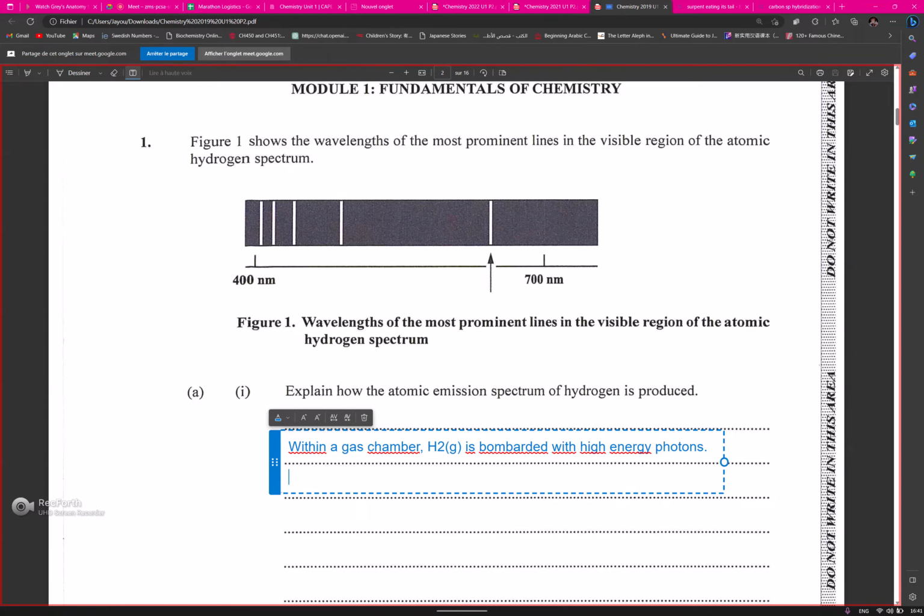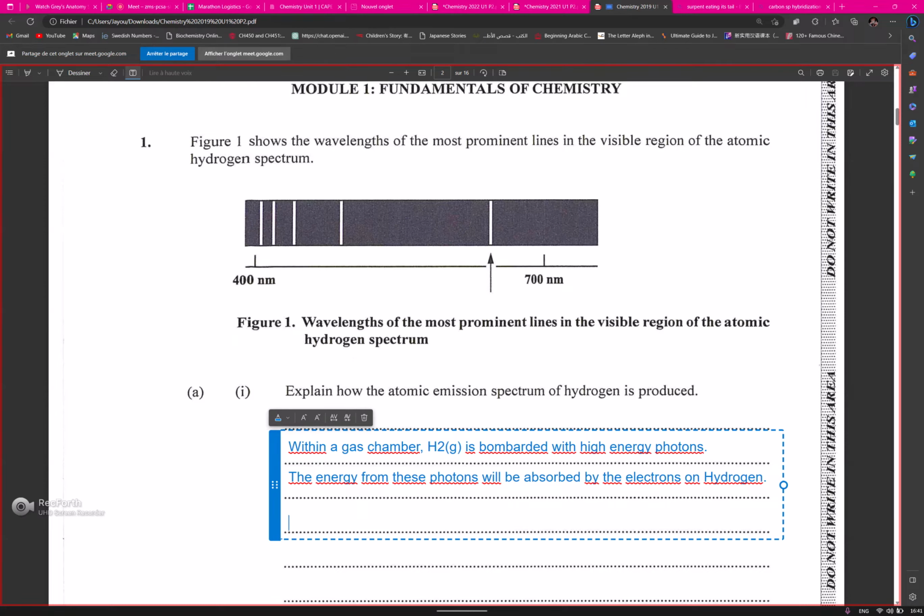Makes sense? So we bombard them with high energy photons. The energy from these photons will be absorbed by the electrons on hydrogen.